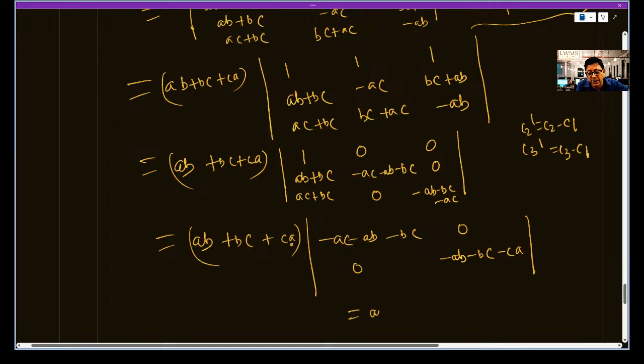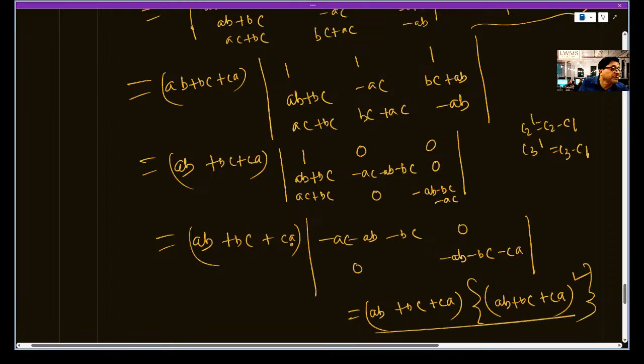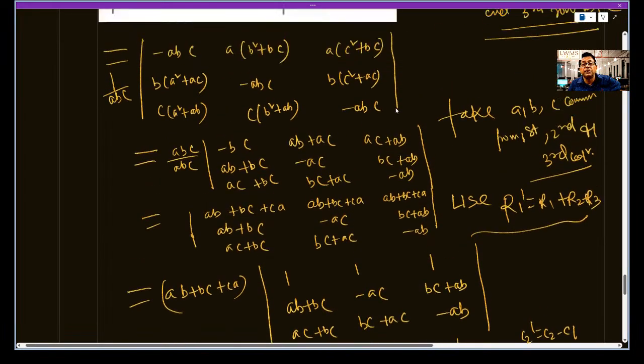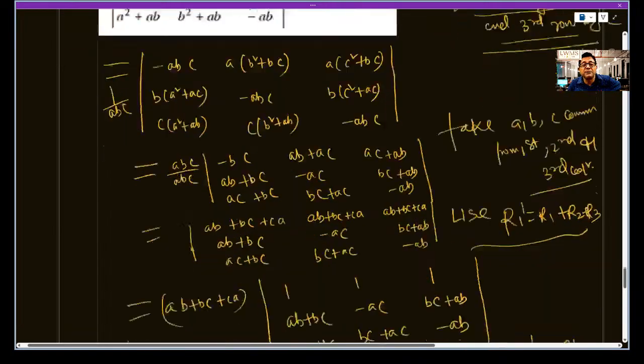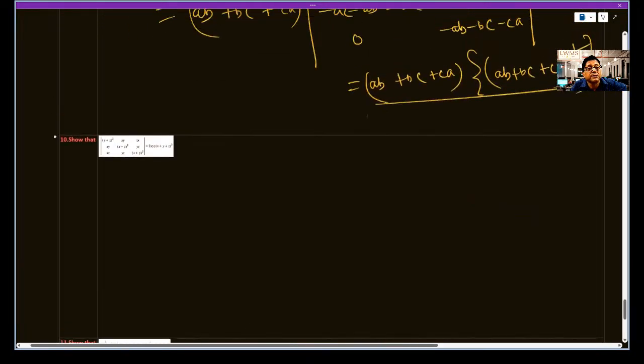Alright? So AB, BC, CA. Minus minus plus, it will be AB plus BC plus CA whole square. So you got that thing cube. This only you were supposed to prove, isn't it? AB plus BC plus CA whole cube.